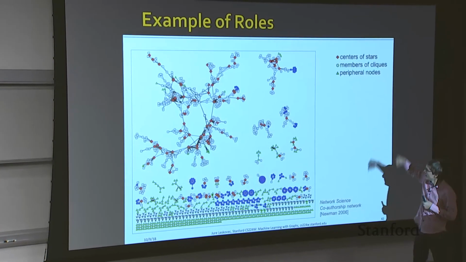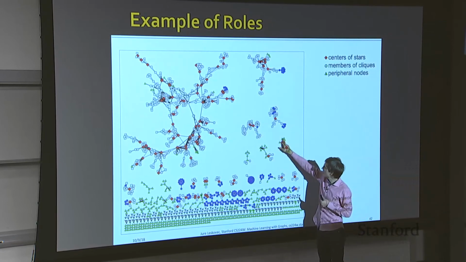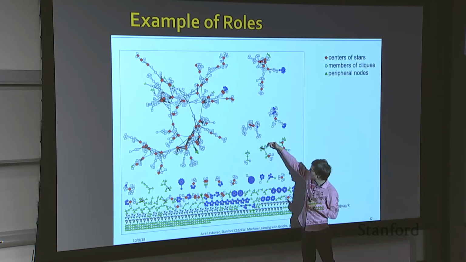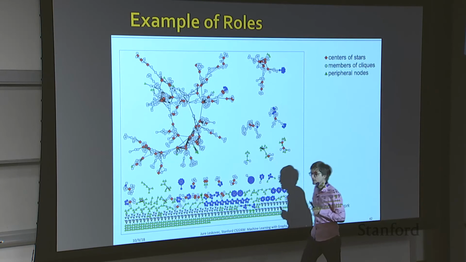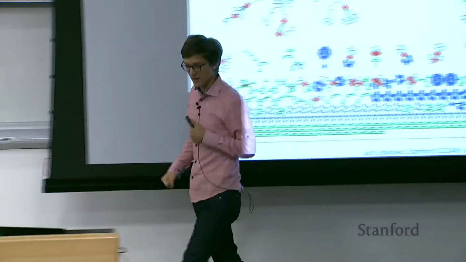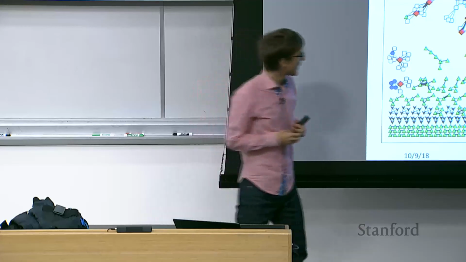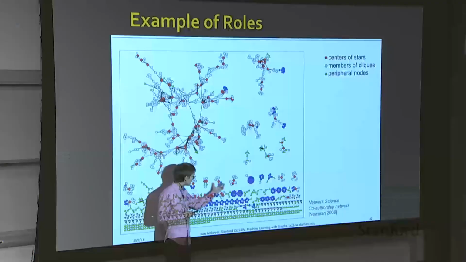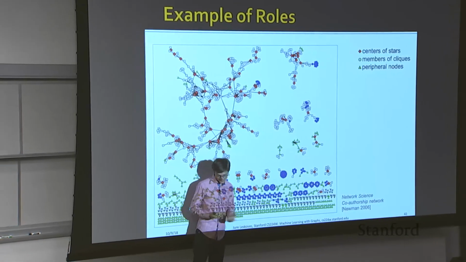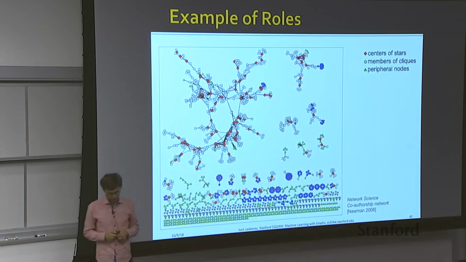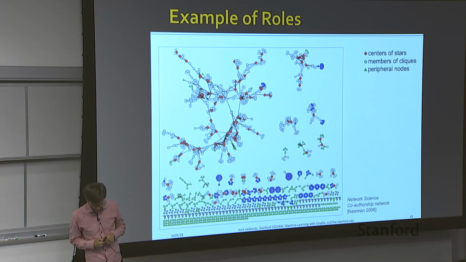And the triangles are peripheral nodes. These are nodes with just one or a few connections, generally to the center of the star. So what we would like is a method that identifies these types of roles and then assigns each node to a role. That's intuitively the task.